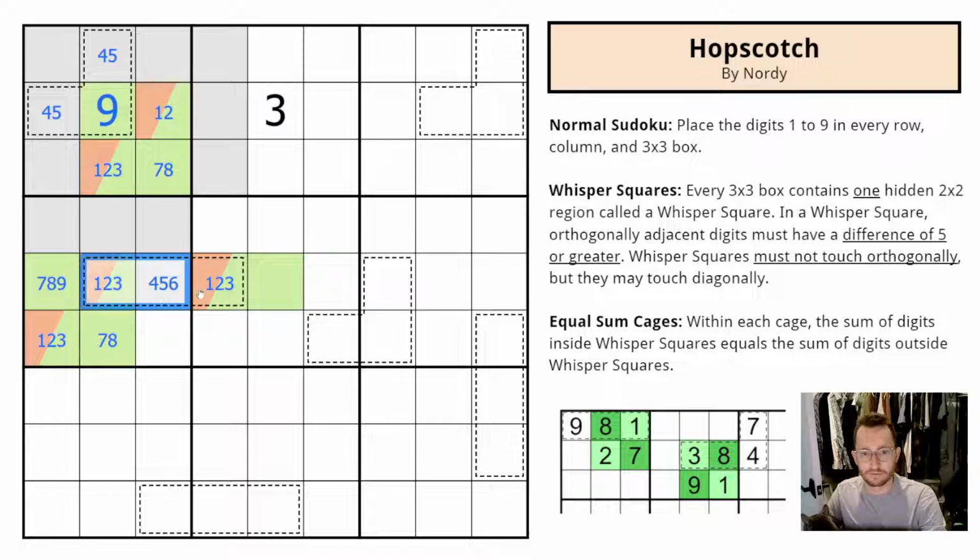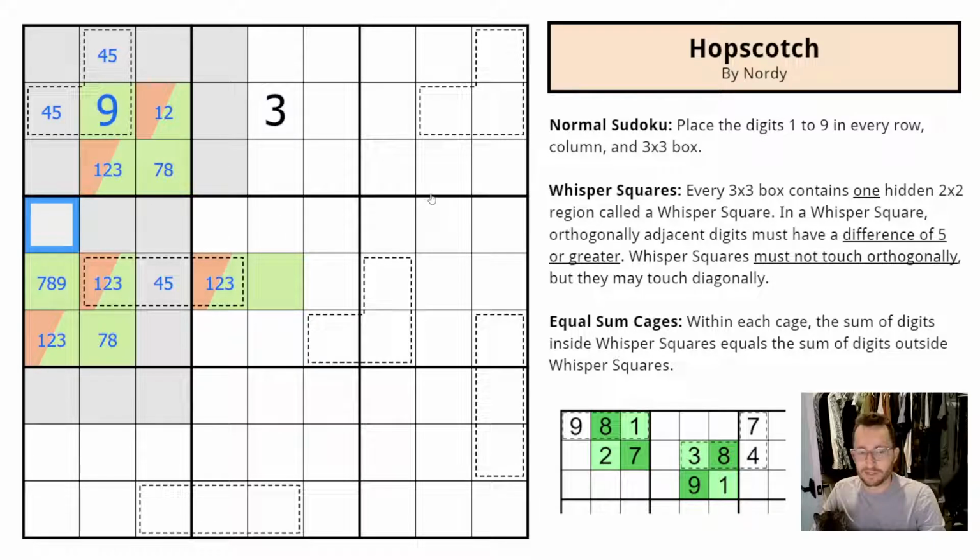And now, between 1, 2, and 3, you can't make 6, because 6 would require 2 3s, so this becomes 4, 5. And we now have a whisper square placed in box 4. We can do our geometry, surround it with this layer that blocks out future whisper squares. And we have 2 whisper squares now.